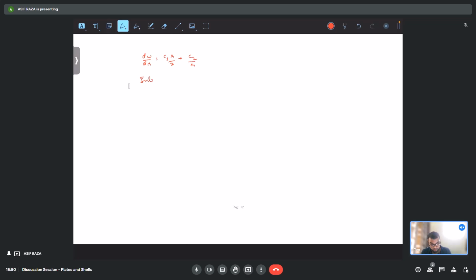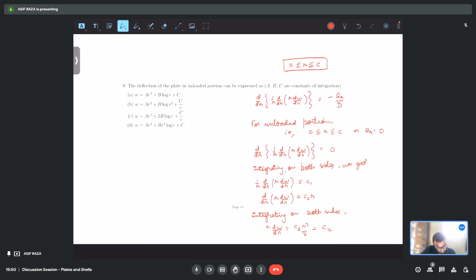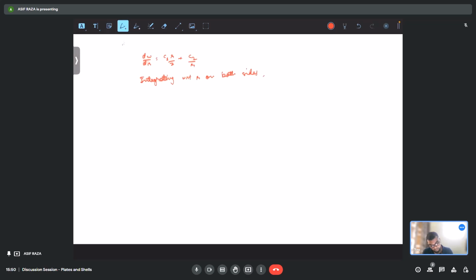Now integrating again with respect to r, we will get the expression of w as c1 r square by 4 plus c2 log r plus c3.